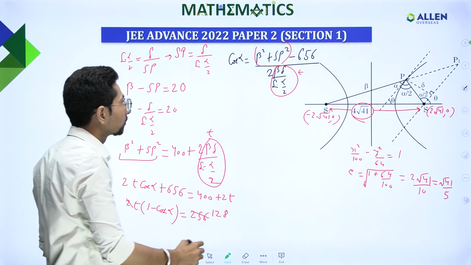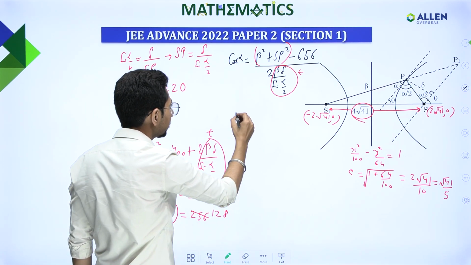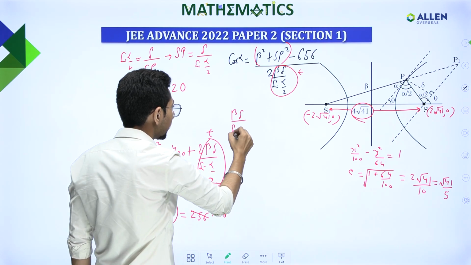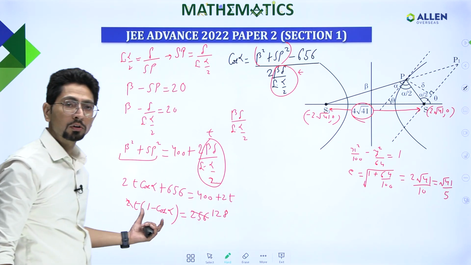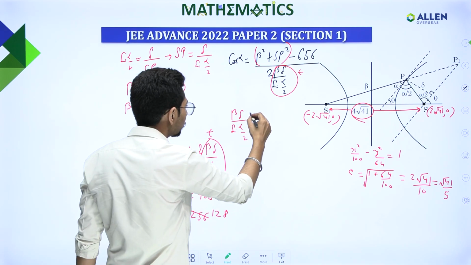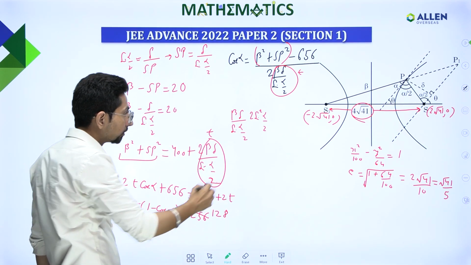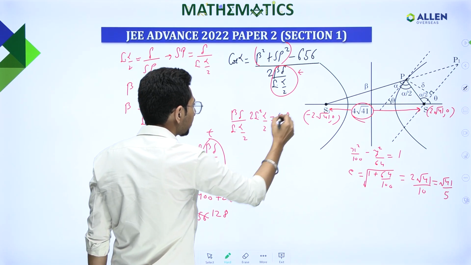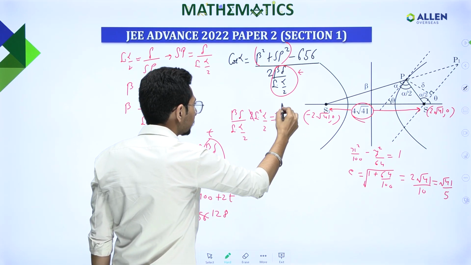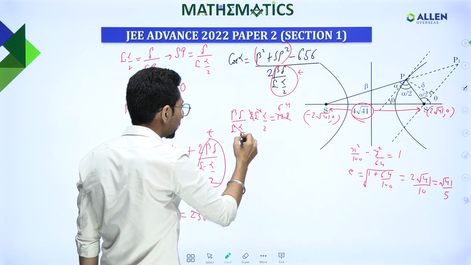Now T into 1 minus cos alpha. What is T? T is beta delta by sine alpha by 2. 1 minus cos alpha is converted into sine only, that is 2 sine square alpha by 2. This is equal to 128. So from here 2 cancels out, this is 64, and one of the sine alpha by 2 cancels out.